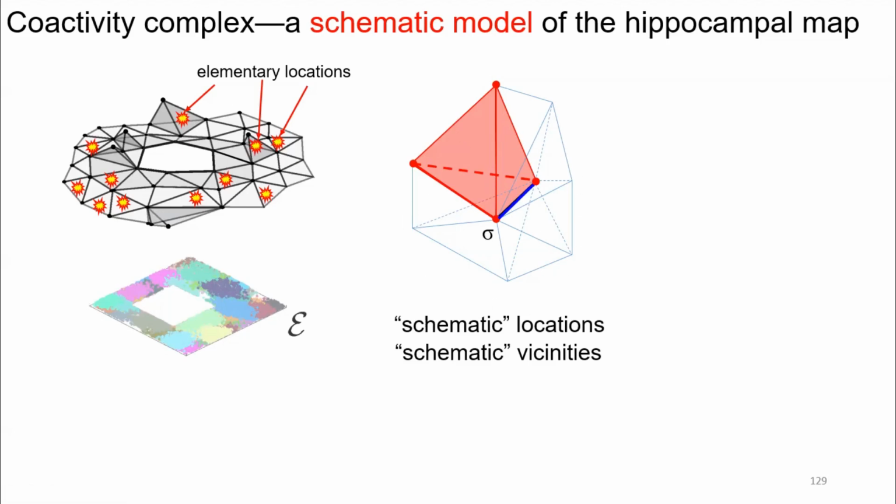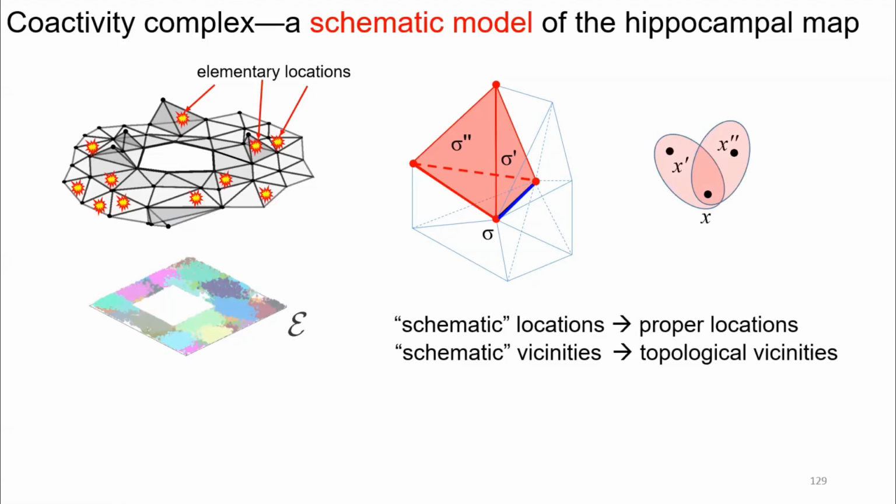Now we can take this picture one step further and translate it into a proper topological space, going from algebraic topology, so to speak, to general topology, in which we define and construct spaces explicitly by introducing points as proper locations, and introducing vicinities, topological vicinities.